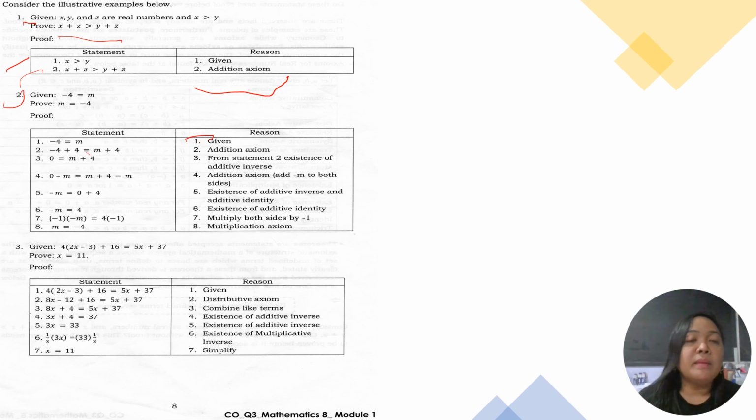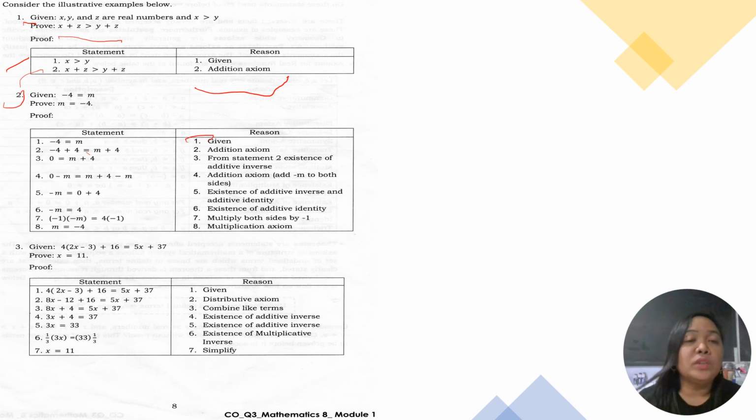Then, by statement number 7, we can apply multiplicative axiom by multiplying negative 1 to both sides. That's right. We have to multiply negative 1 to both sides so that our negative m becomes positive.